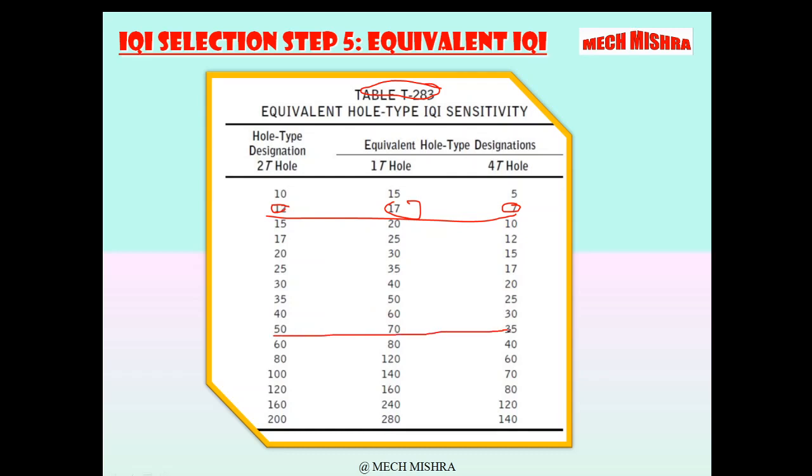Similarly, for all of these having the equivalent IQI, means if this is required, then we can use this or this for 1T or 4T. So this is the equivalent sensitivity which we can use.